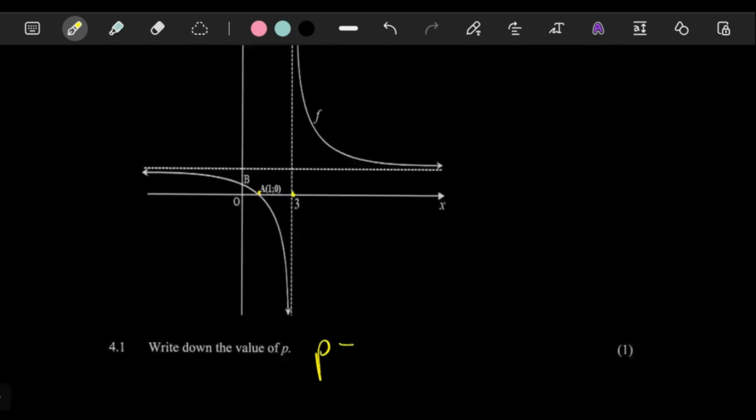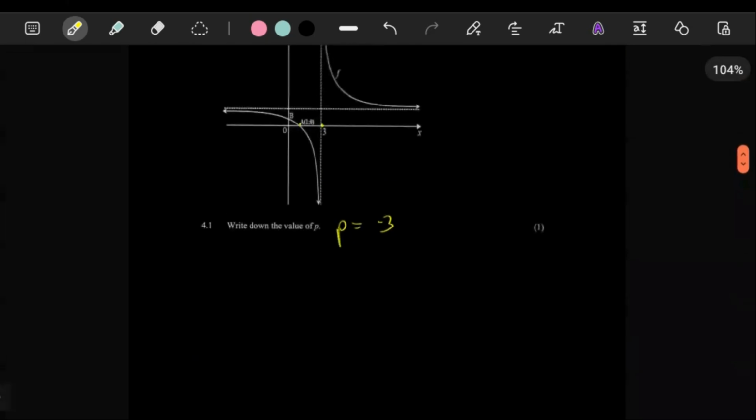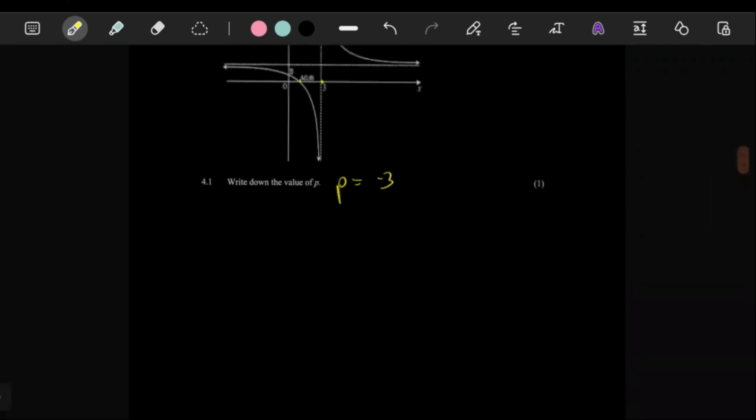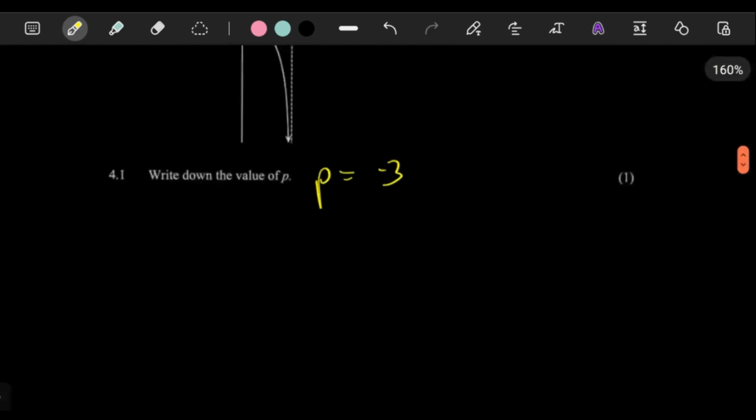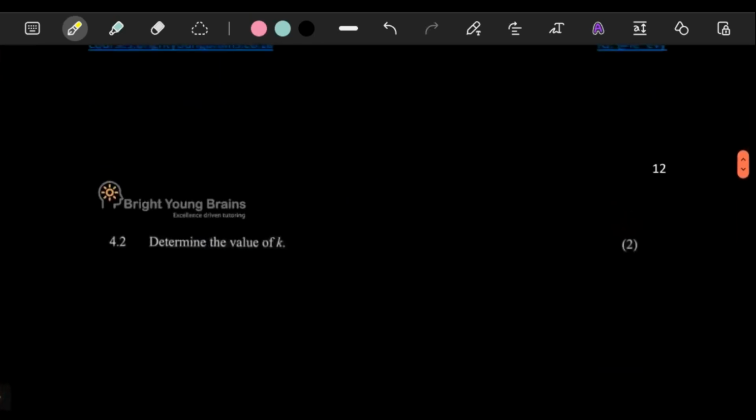So p in this case, because it's a plus 3 here on the image, it's going to be a minus 3 in the equation. So for 4.1, I mean 4.2 rather, calculate the value of k.